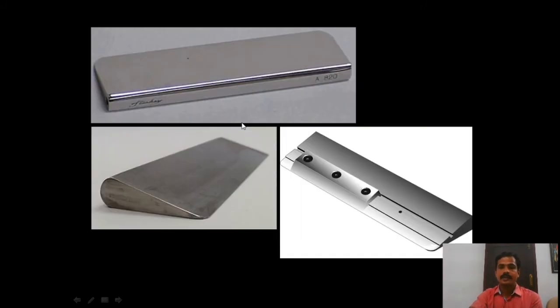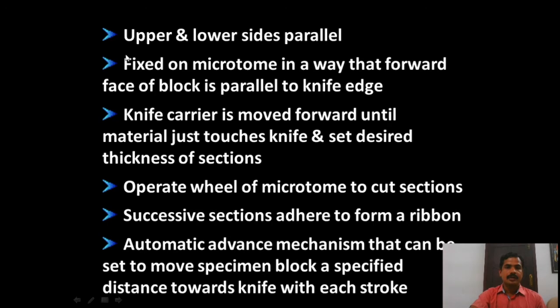And these are the different knives used for cutting the wax blocks. The upper and lower sides of the block should be parallel, otherwise the cutting may result in coiling of the ribbons. And it is fixed on the microtome.